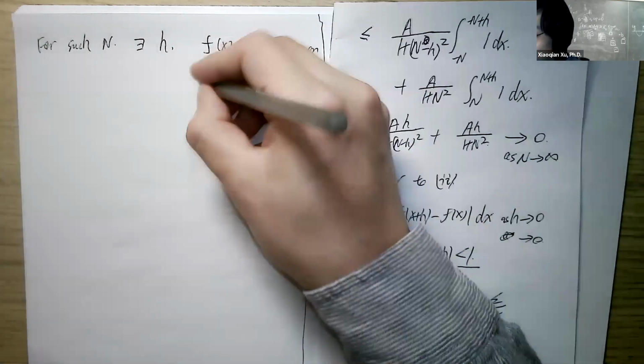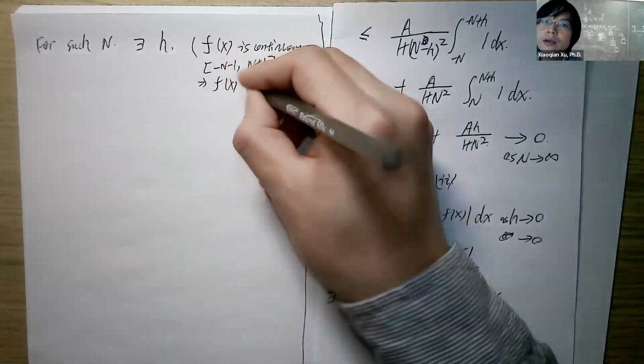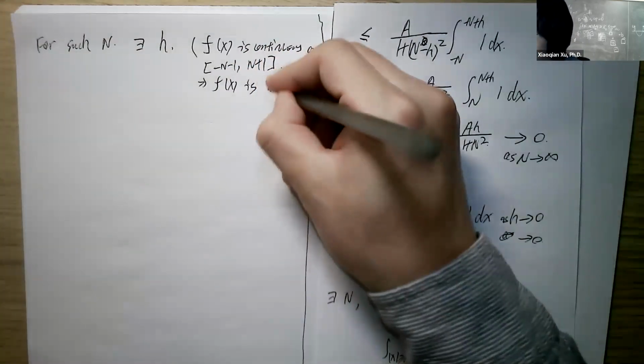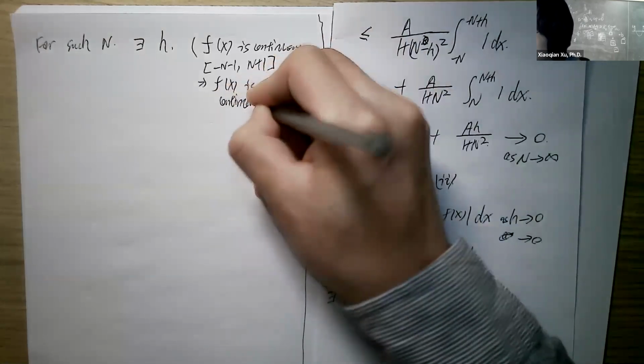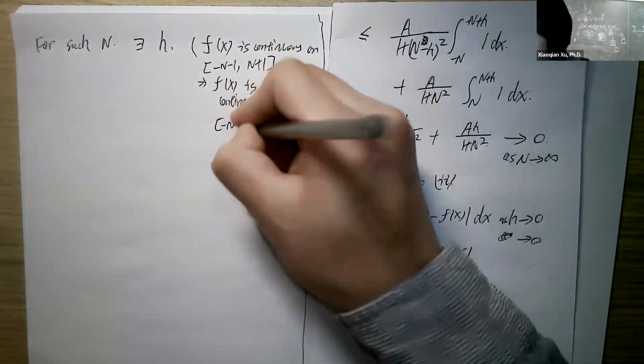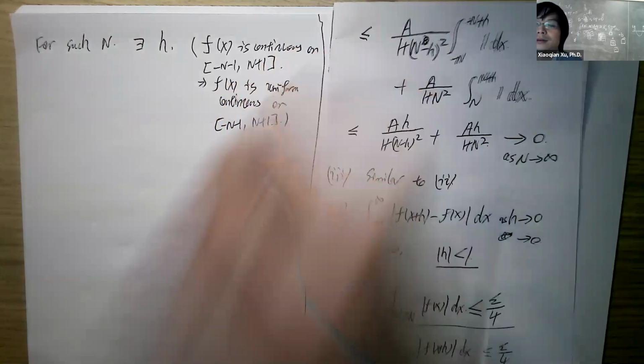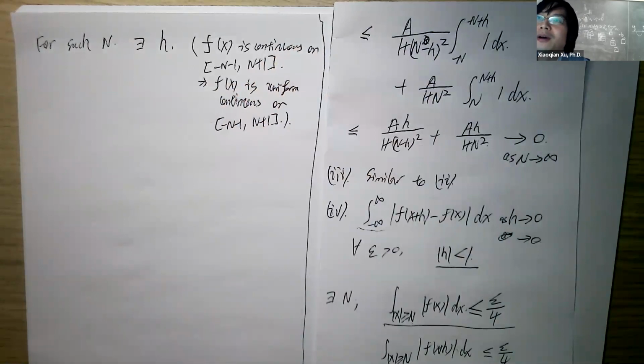That means f(x) is so-called uniformly continuous on this finite interval. I hope you still remember what uniform continuity is. It just means that on this interval, whatever epsilon you give me, I can find a uniform delta such that as long as |x minus y| is less than delta, then |f(x) minus f(y)| is less than epsilon.